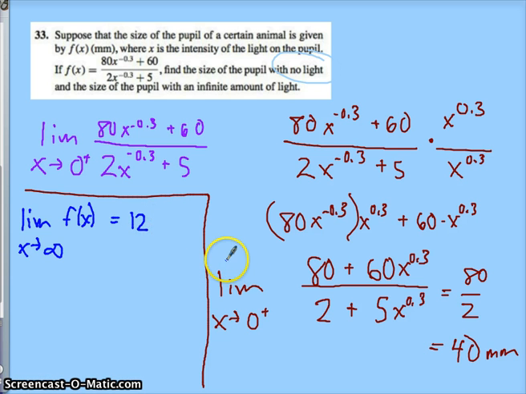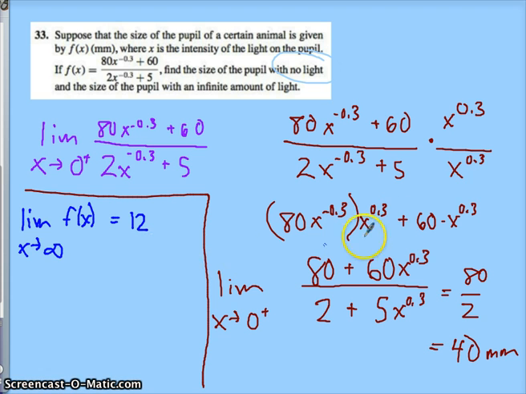And I'm hoping you're seeing a nice little pattern here. As we approach 0, we're just going to look at the coefficients: 80 divided by 2 is 40. As we approach infinity, I'm just looking at the quotient: 60 divided by 5 is 12.